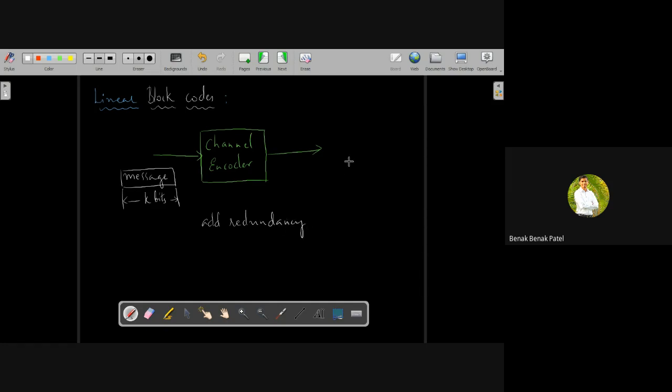We'll be adding redundancy such that to these k bits we will add check bits.